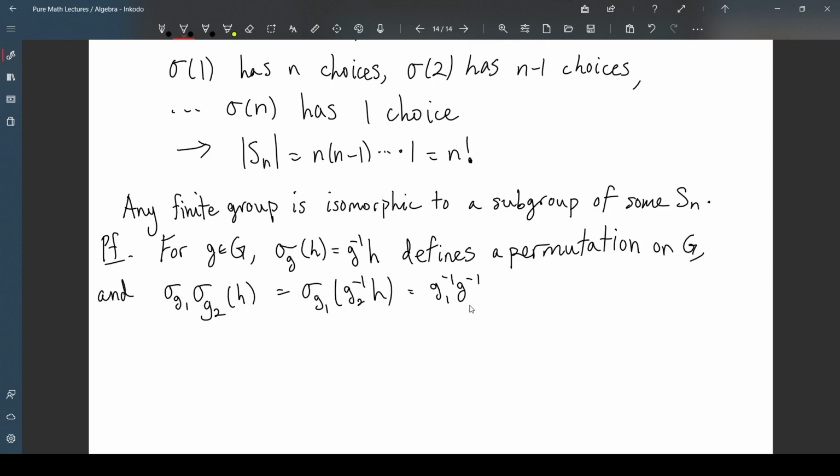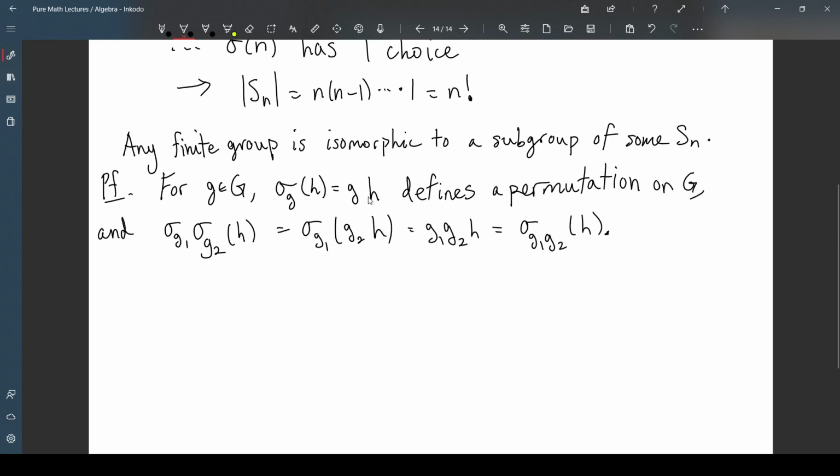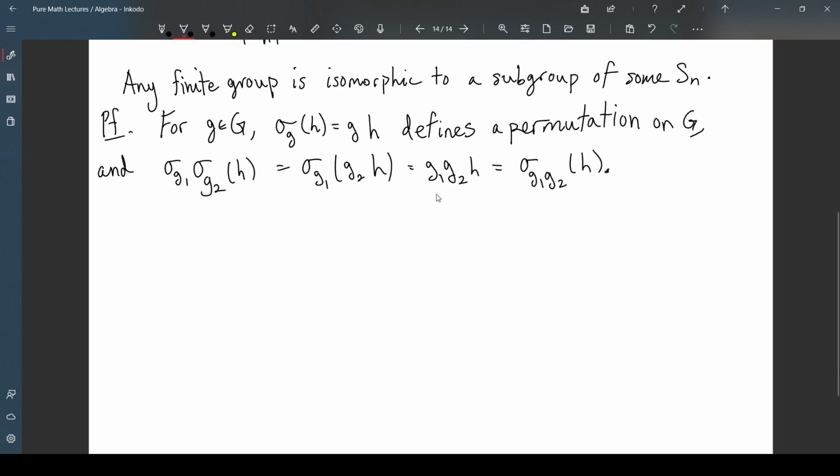Oh no, sorry. We don't have to do the inverse here. So this is showing that this does indeed define a group, right? So in particular, we know it's a subgroup of, at most, S sub order of G, right?